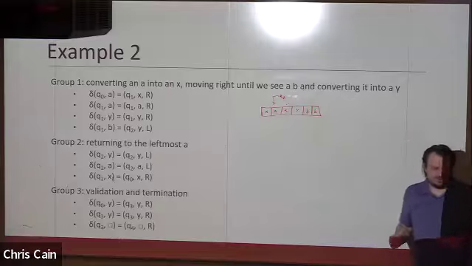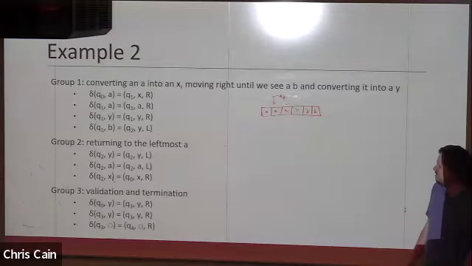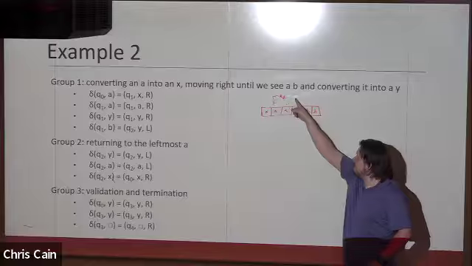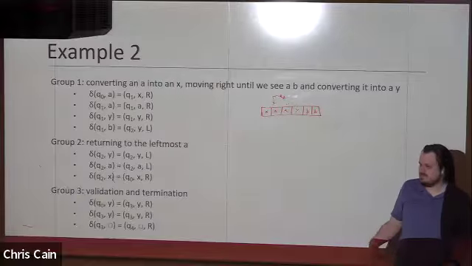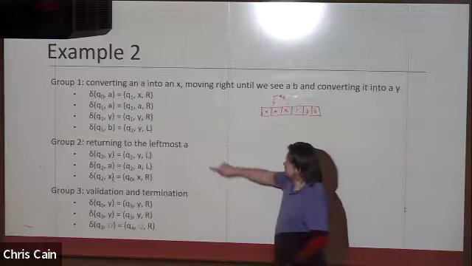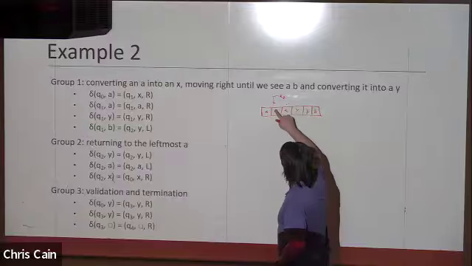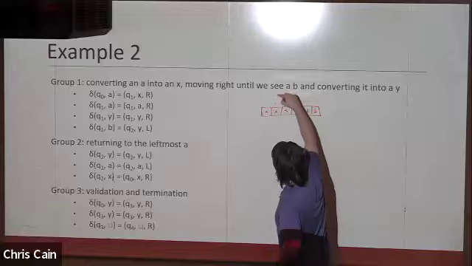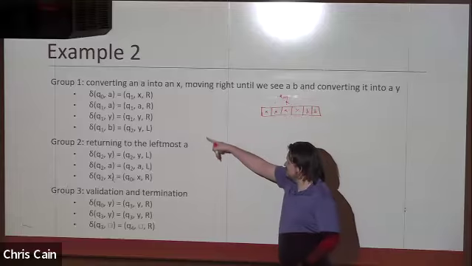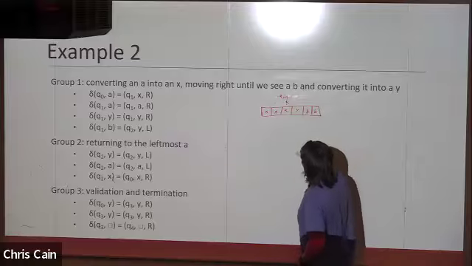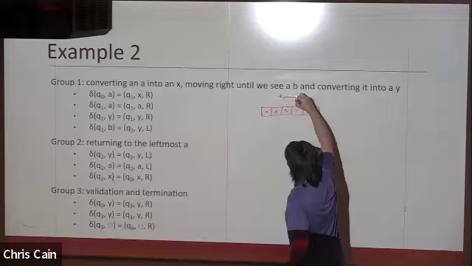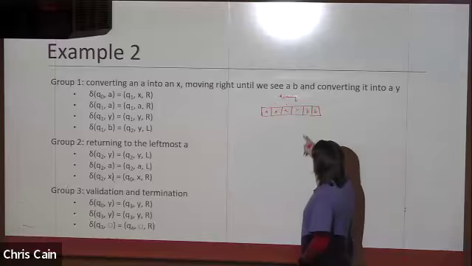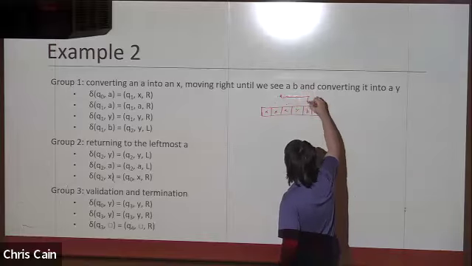The idea is we're back on an A and back in Q0. So we've completed the first loop of this program, where we took the first A, turned it into an X, the first B, turned it into a Y, and we're back on the leftmost A again, ready to do that process again. So Q0 on an A replaces that A with an X, moves into state Q1, moves right past the A, moves right past the Y, which is necessary because we want to get to the first B to convert it into a Y. So we move all the way over here.